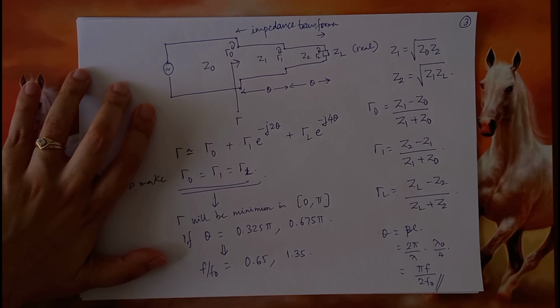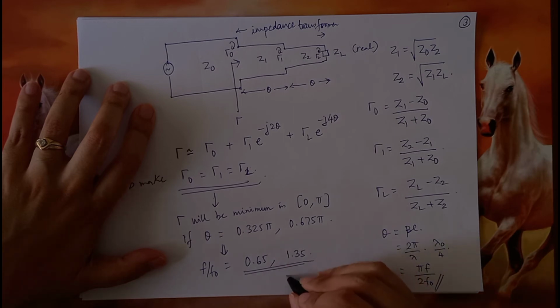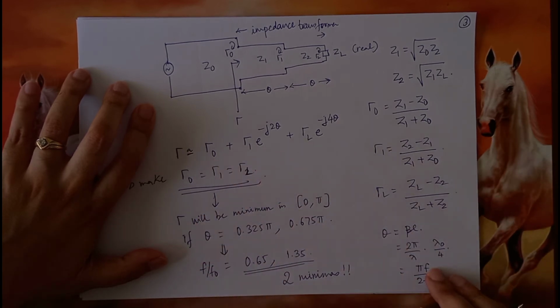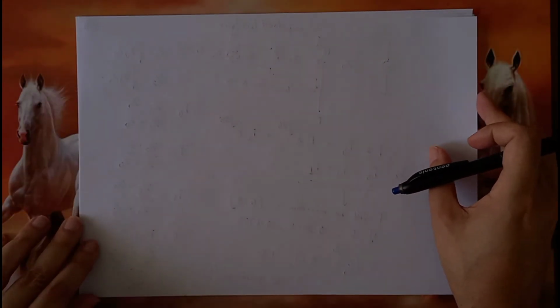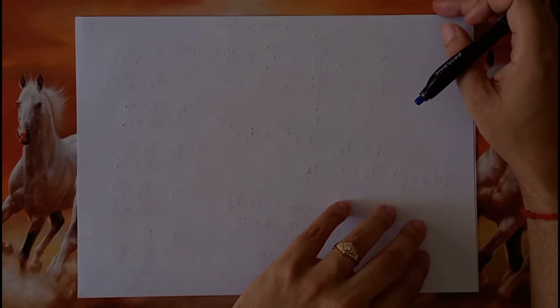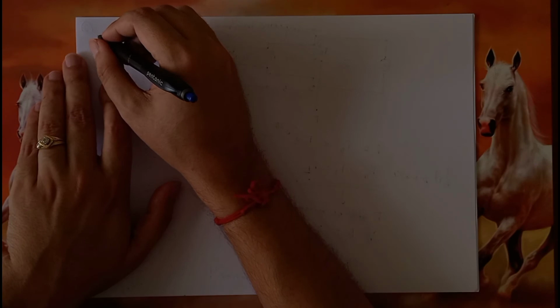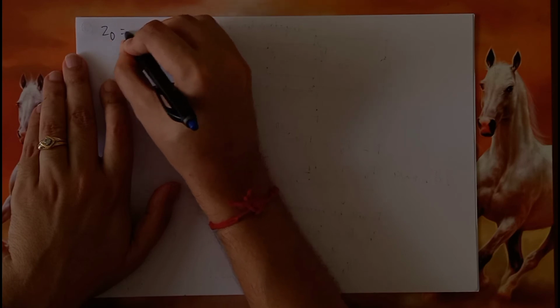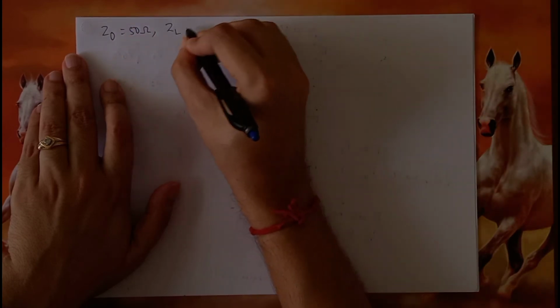In that case, what are we seeing? We are seeing that adding this second transmission line now gives us two minima. And you can prove that these two minima will not be exactly 0, but something very, very close to 0. So what this looks like now, if I plot mod gamma versus theta, for an example, let us take the same example that we had taken in the first case, where Z0 is 50 ohms and ZL is 100 ohms.